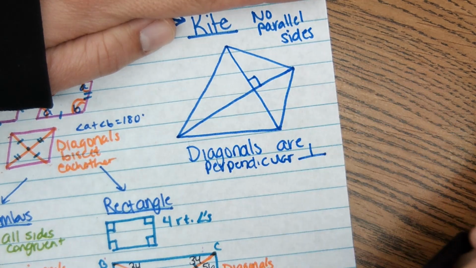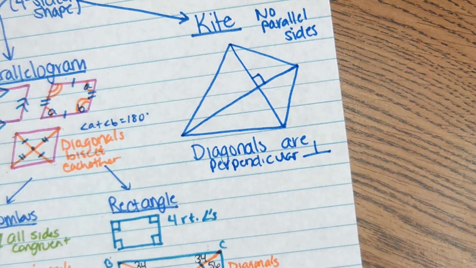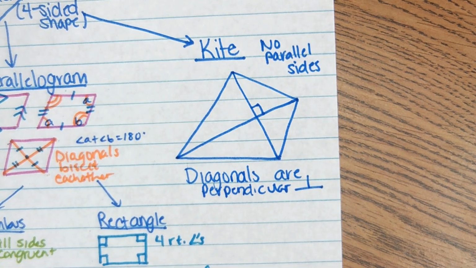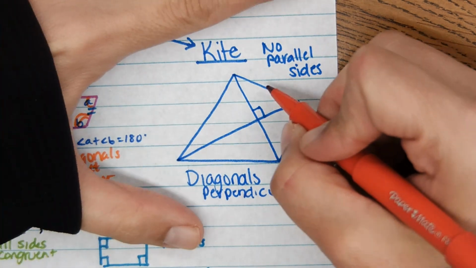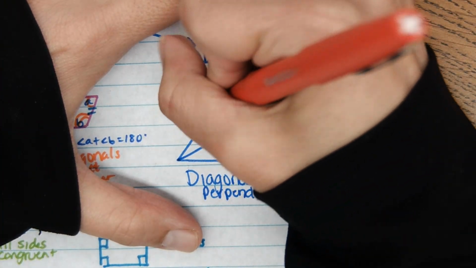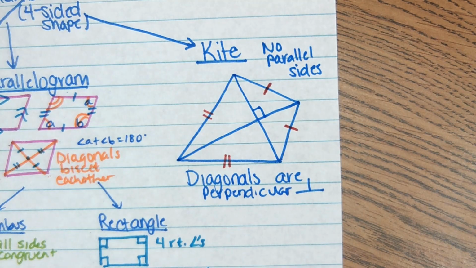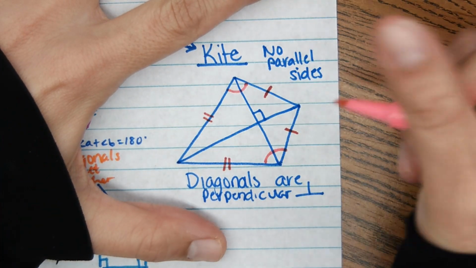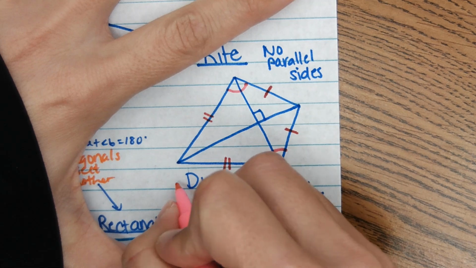This is a symbol, so that means that they intersect at a 90-degree angle. The other thing about a kite is these two legs are the same length, so this is the same length as this, and then this leg is the same length as this. And then the other thing is that these two angles are congruent. So this set of opposite angles are congruent.